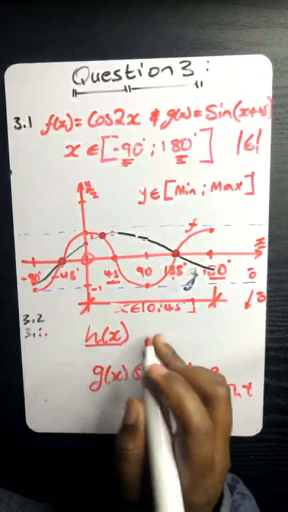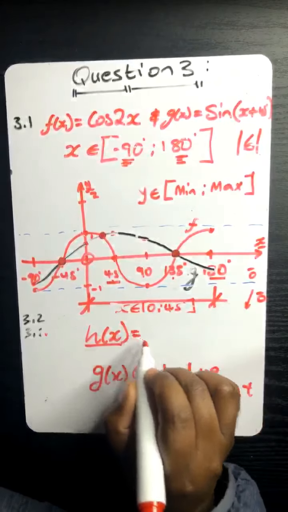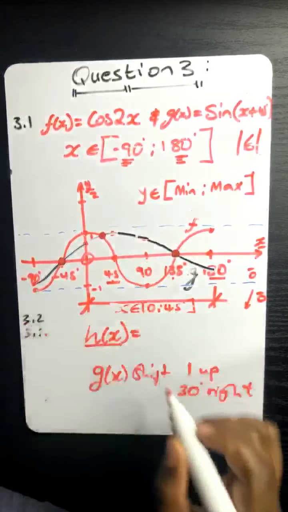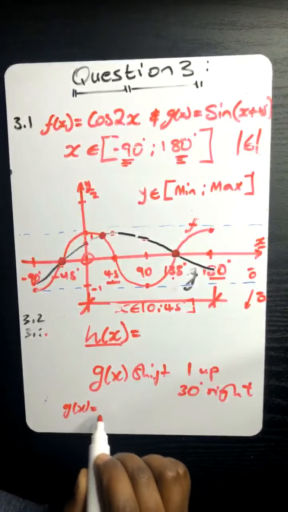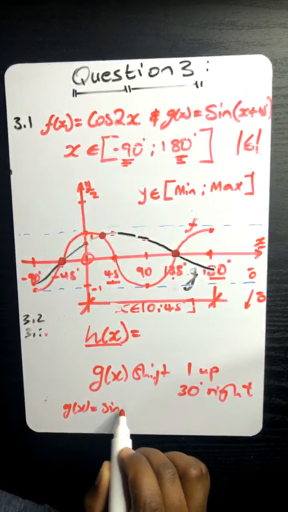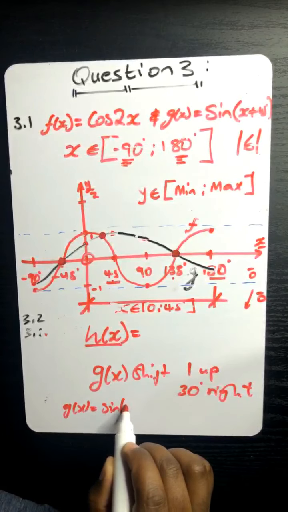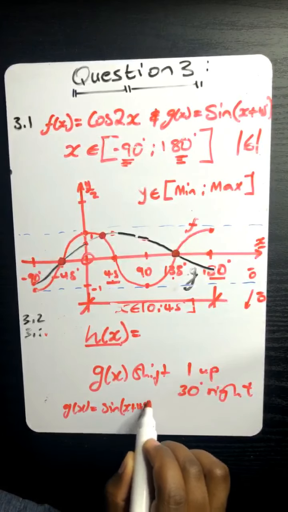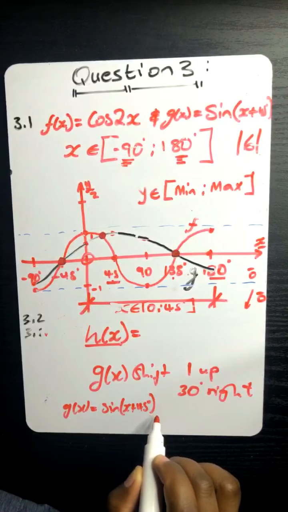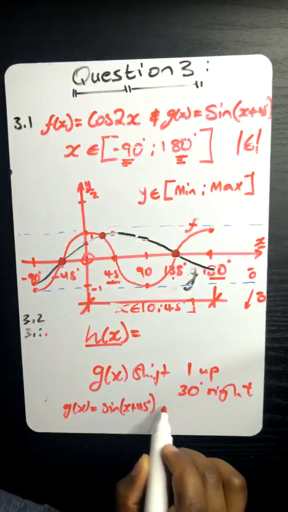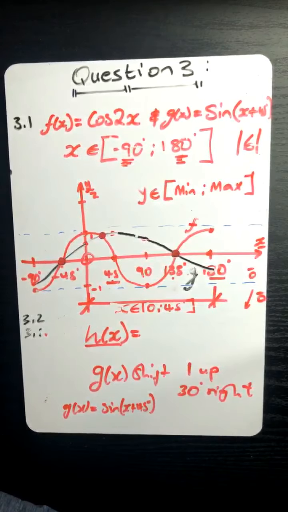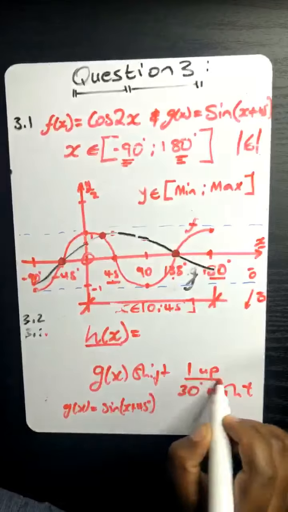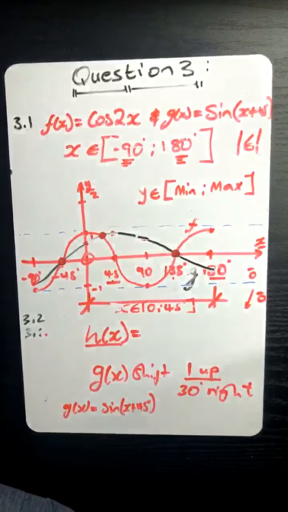We know very well, ladies and gentlemen, that the graph of g of x is equal to a sine of angle x plus 45 degrees. If we want to shift this function upward by 1 unit, what do we add on that equation?